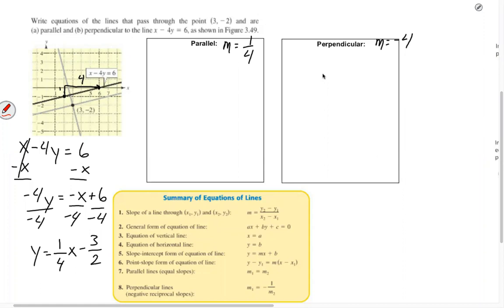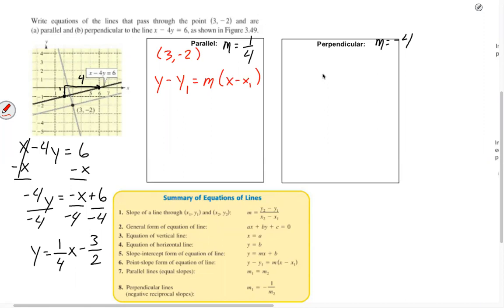Now that I have my slope, if you guys remember the point slope form from yesterday, I can use that here. Do you guys remember it? If not, you can always look back. But the point that we're dealing with is (3, -2). My point slope form was y minus y1 equals m times x minus x1.